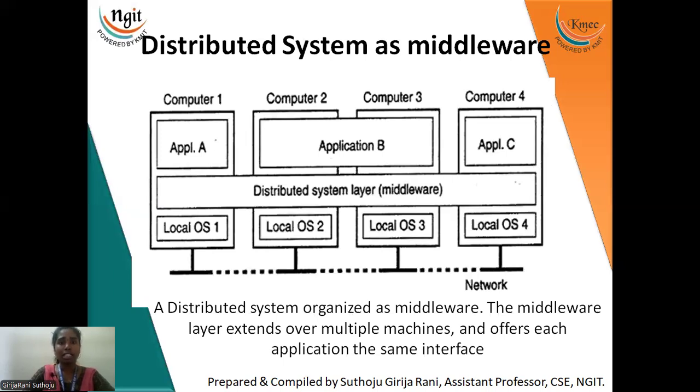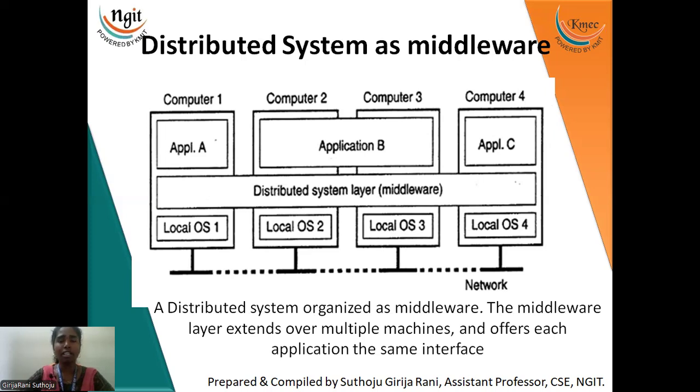Now, the next part is about middleware. See, middleware takes multiple machine inputs, but the inputs may be multiple while the output it gives to the other end is a common interface, right?